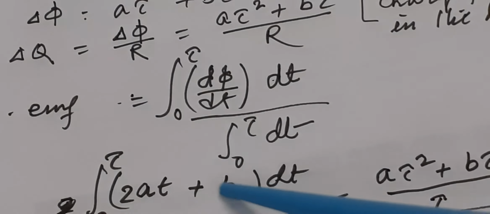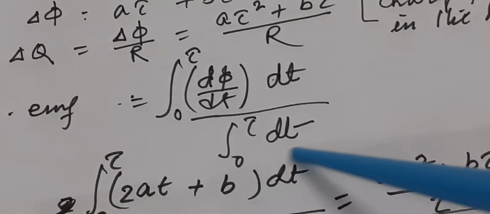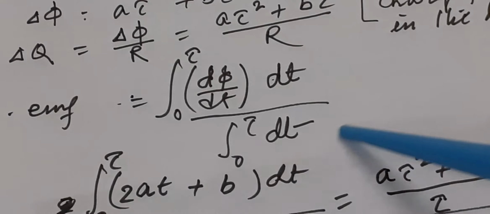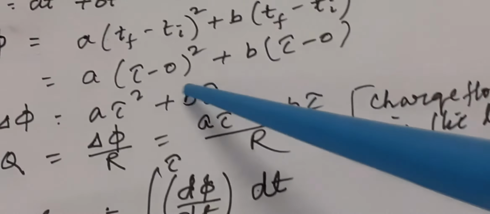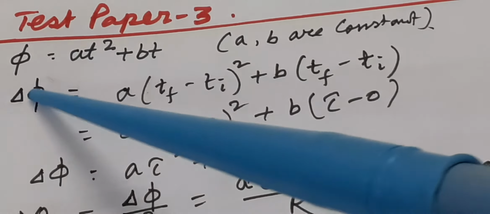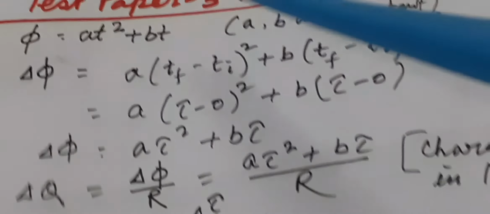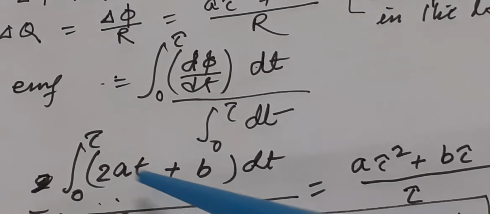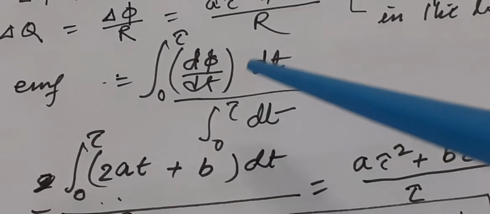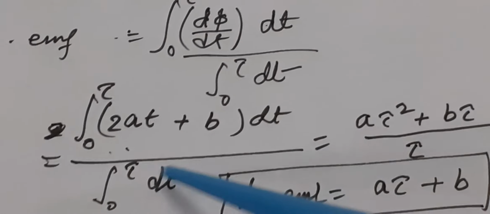Now this is the way we have to calculate average for any variable items. Now here d phi by dt is how much? Differentiate this original equation. D phi by dt will be 2at plus b, 2at plus b into dt, that you have to integrate, then divided by integration of dt from 0 to tau.